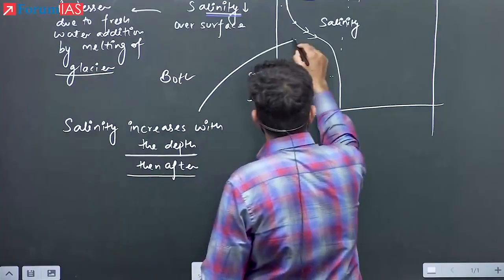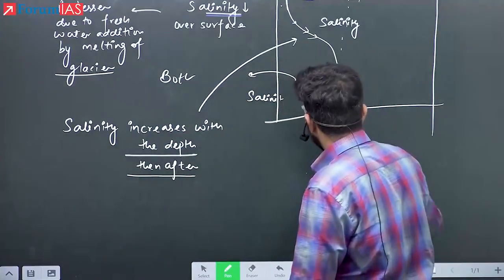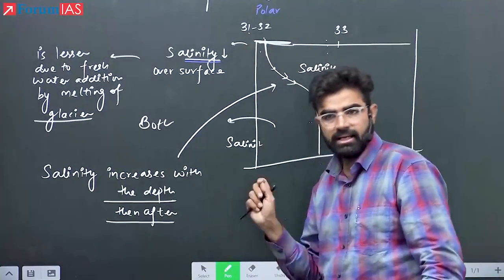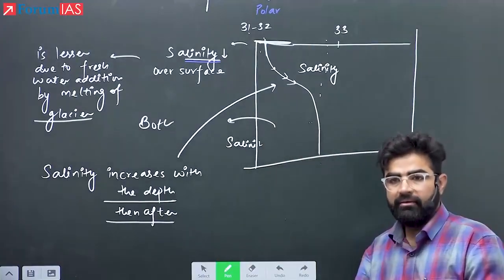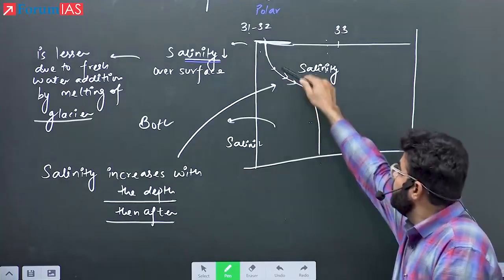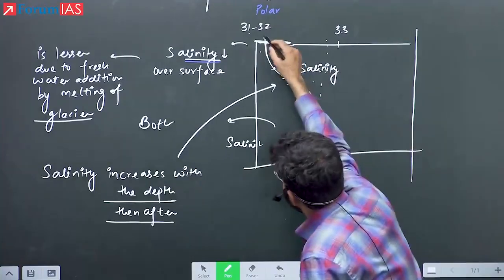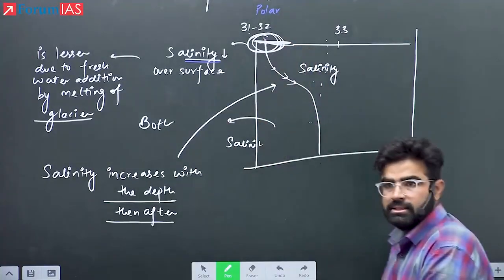This is the second zone onwards. The salinity will increase and then it will come around 33 here. So this is not a major change. Please understand this very carefully. Just we have added fresh water, so the salinity will be somewhat lesser. Now, if you are going down, salinity is increasing. Why? Because fresh water addition was limited only to the superficial areas.